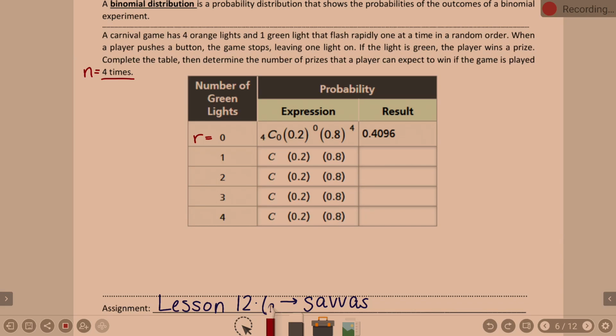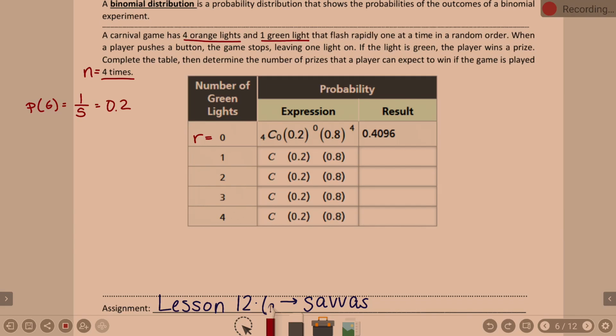What do we know? 4 orange lights, 1 green light. What's the probability of getting a green light? 1 out of 5 total, yes? And 1 out of 5 is 0.2. So that's the 0.2 right there.